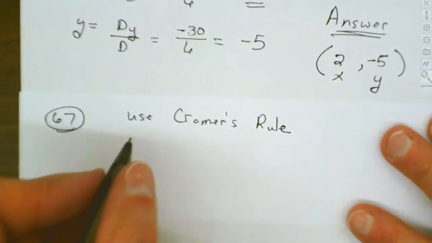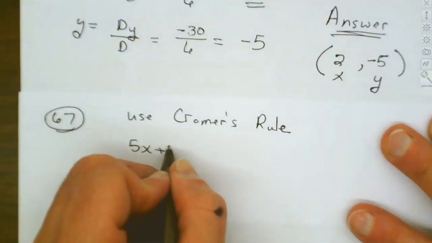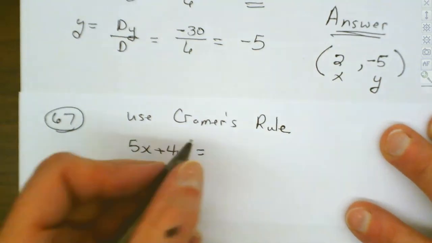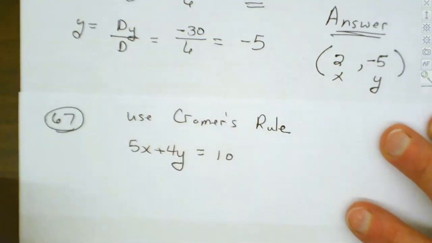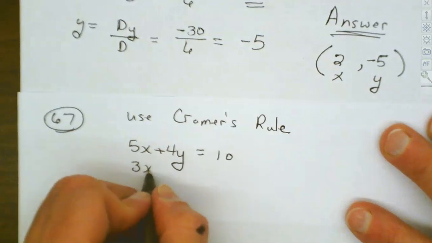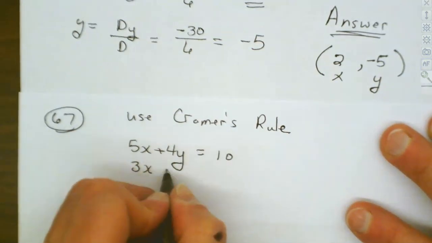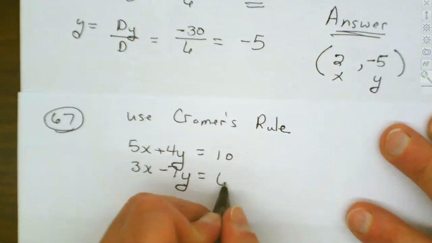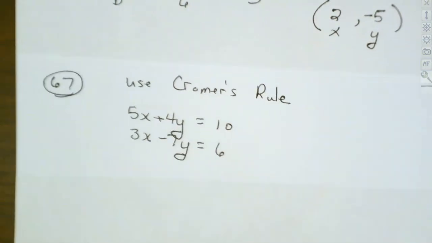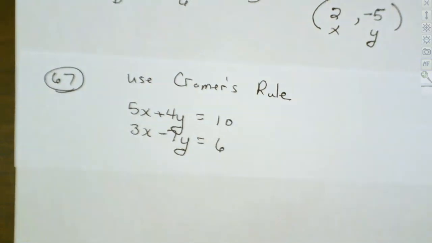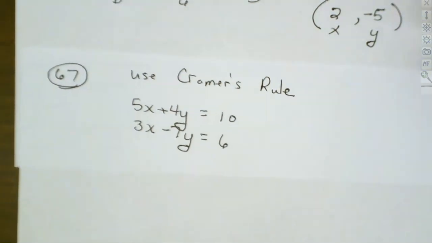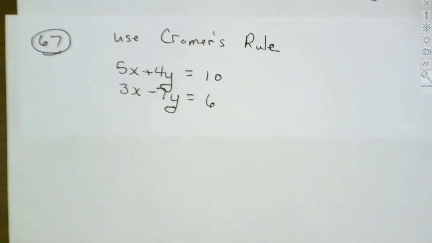And we've got 5x plus 4y equals 10. And we've got 3x minus 7y equals 6. We could solve this with either elimination or substitution, but the directions specifically say use Cramer's rule.